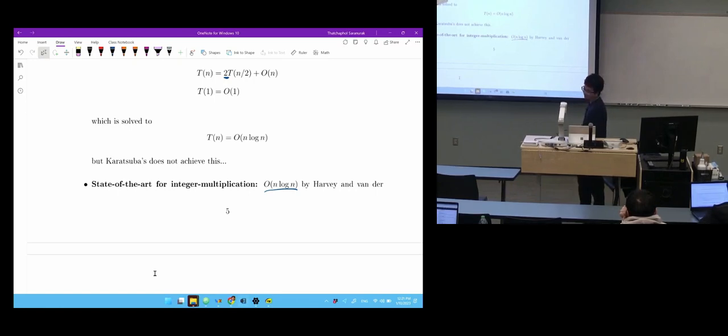I'm not so sure. The Karatsuba algorithm is implementable and practical. This one that gives you n log n is not good, actually, in practice. But there is this algorithm that takes you n log n log log n that was discovered some time ago, like 40 years ago. That actually is quite good.